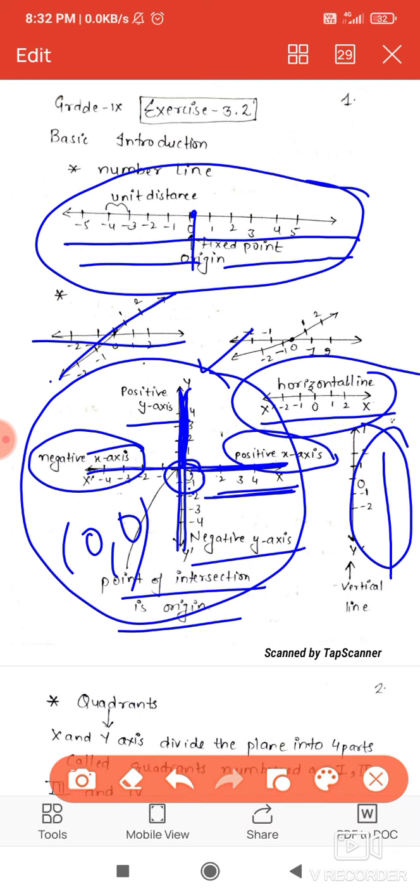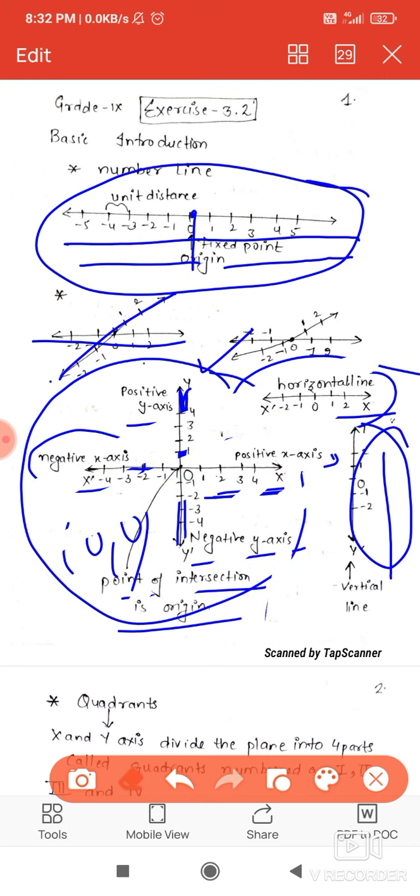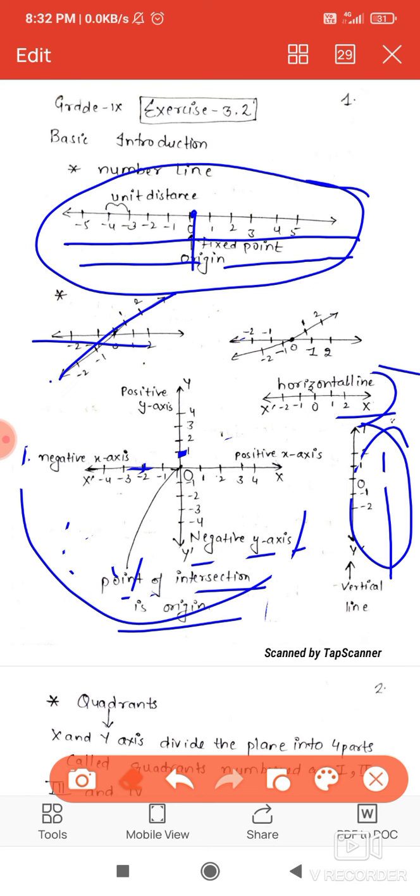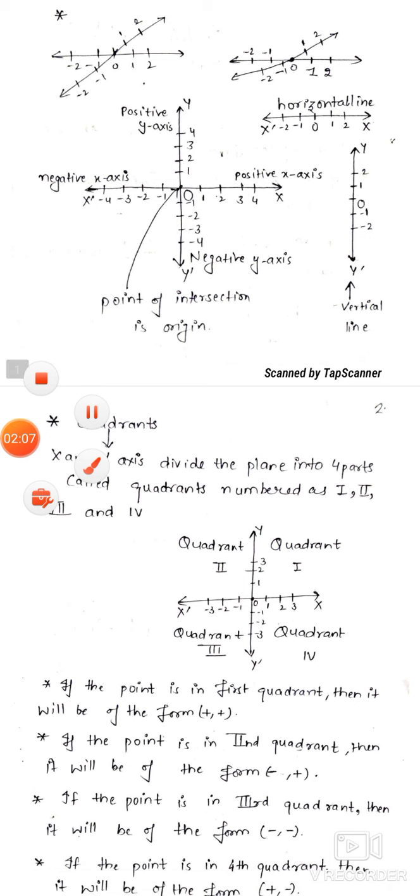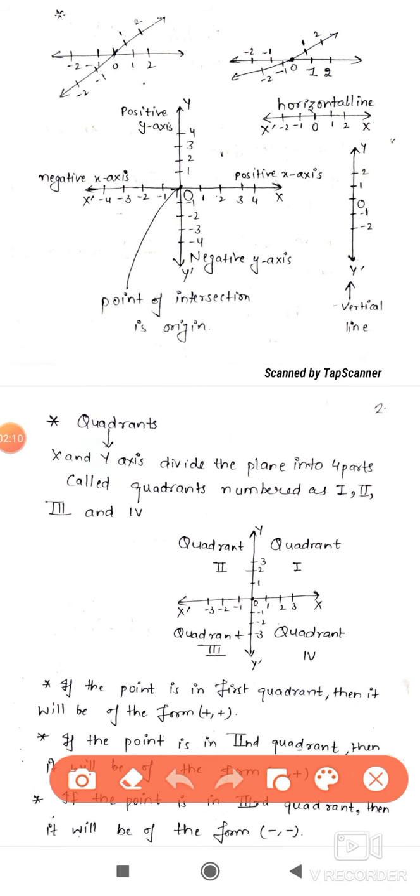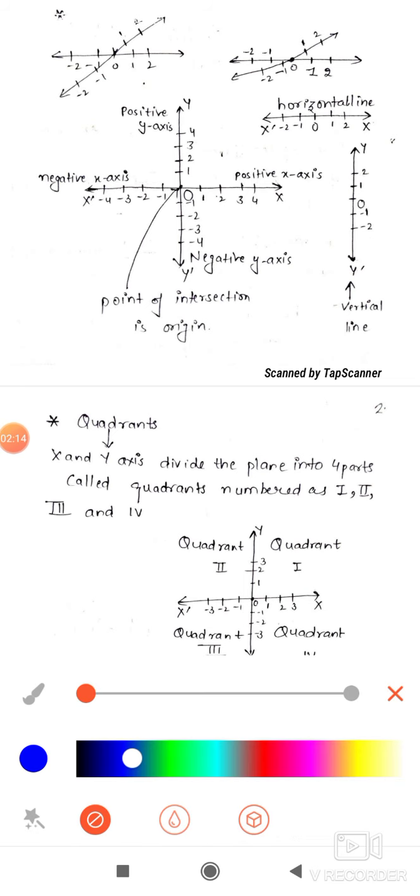Now see, whenever the horizontal line and the vertical line intersect with each other, four parts will be formed over there. Here we have four parts. See, the first one is this, the second one is this, the third one is this, the fourth one is this.